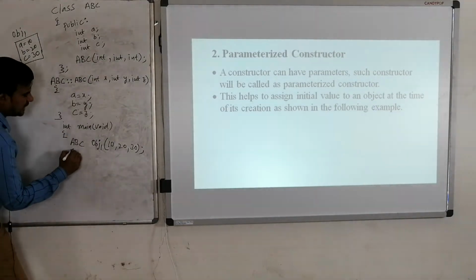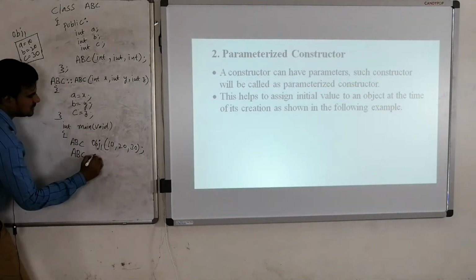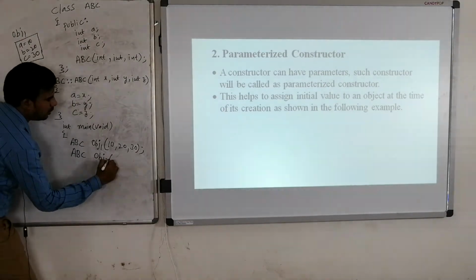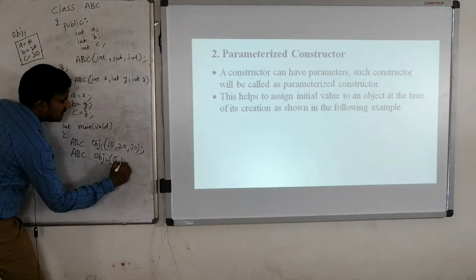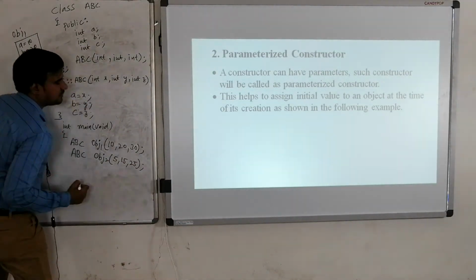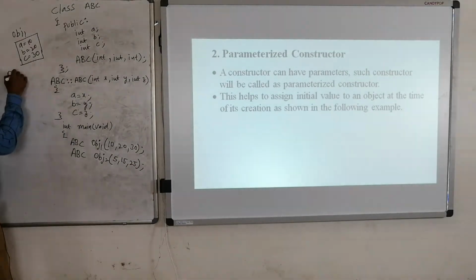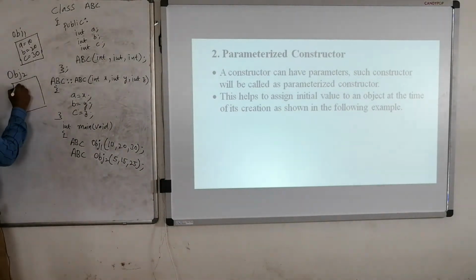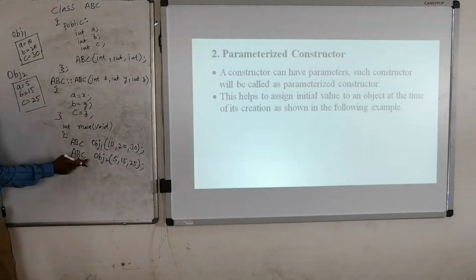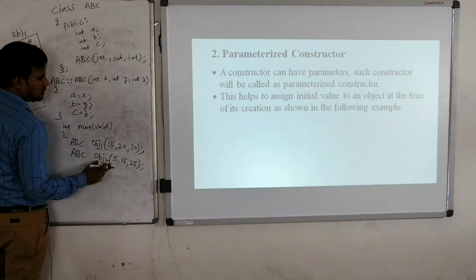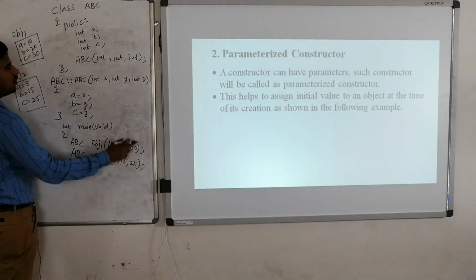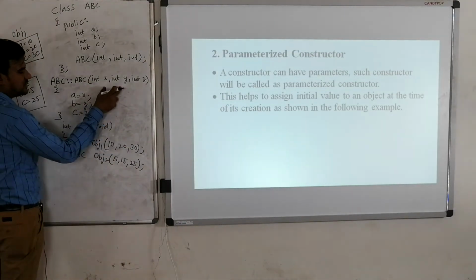Let us assume I am creating another object, ABC of obj2, with different values 5, 15, 25. Now obj2 will get its memory, and in it A will get 5, B will get 15, C will get 25. How come? Because whenever you create an object, the creation invokes the suitable parameterized constructor.